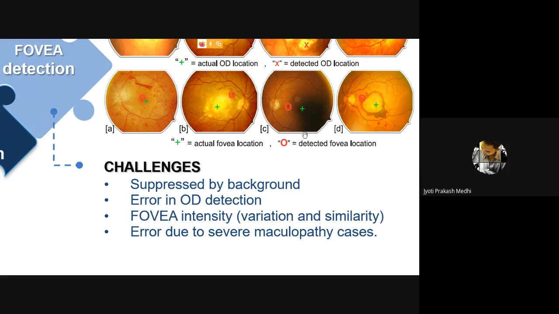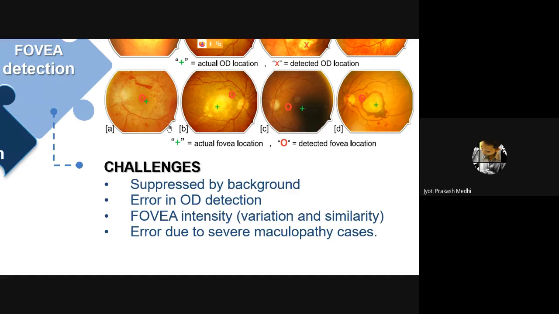For example, in this image we cannot identify the fovea properly because this region is purely moved into darkness, or it is purely affected by the background. So in these cases we cannot identify the fovea properly.